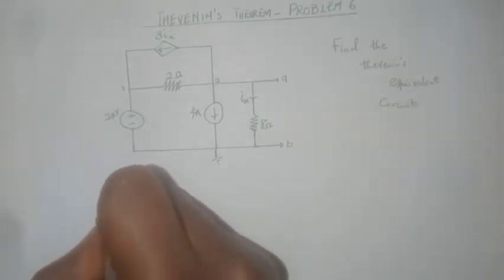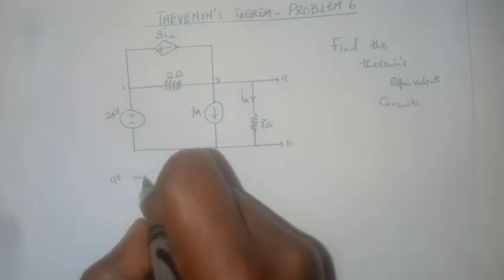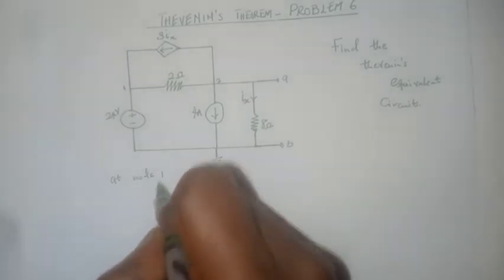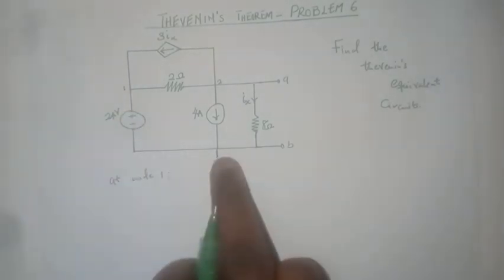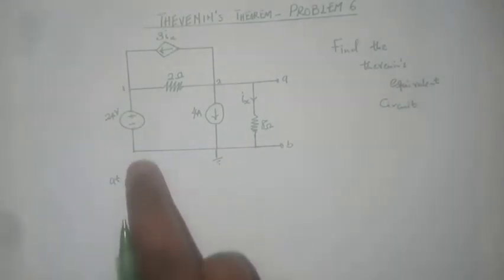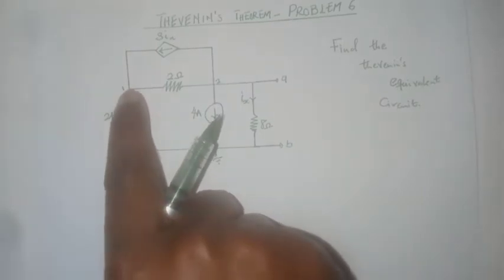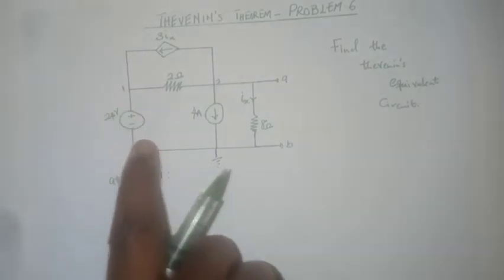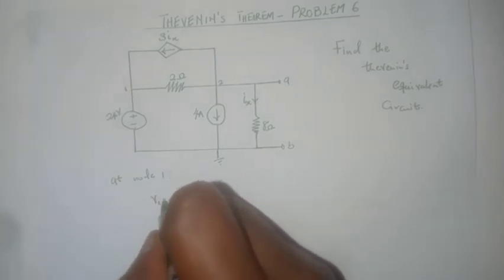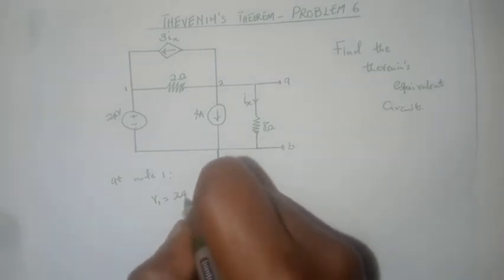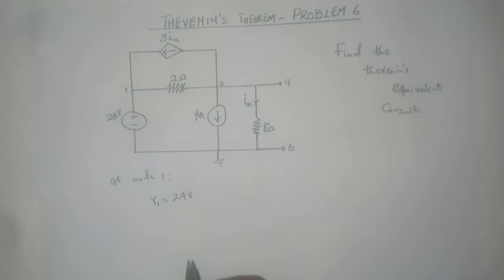At node 1, we have 24 volts. You can just see it because you have this power source connected between node 1 and ground. So we say that V1 equals 24 volts. That was easy.